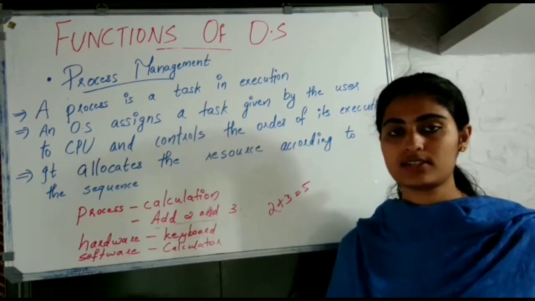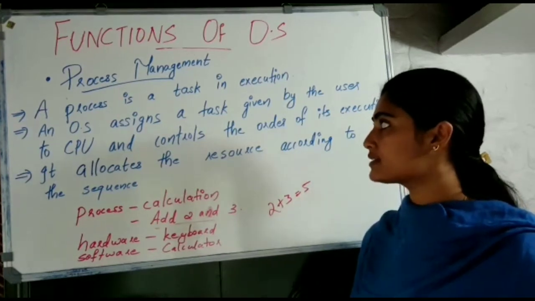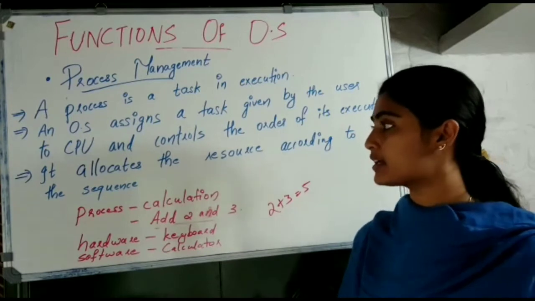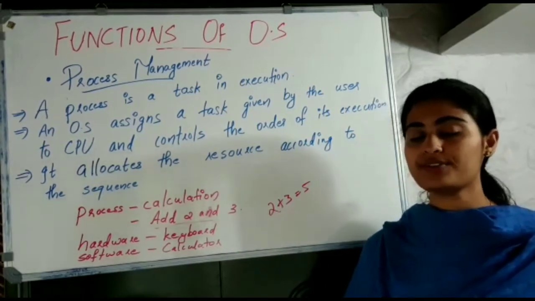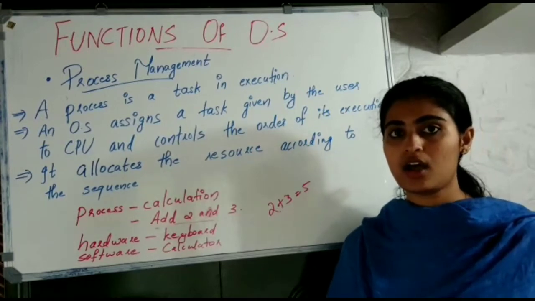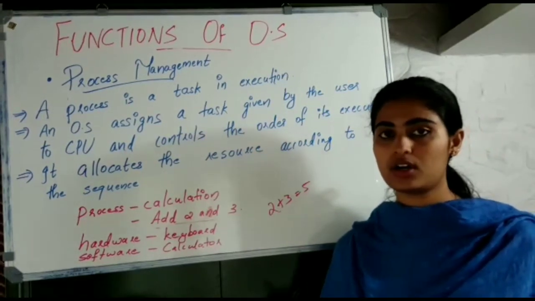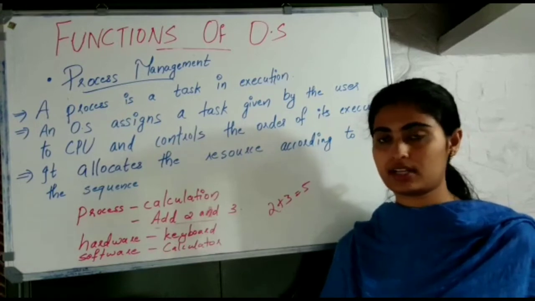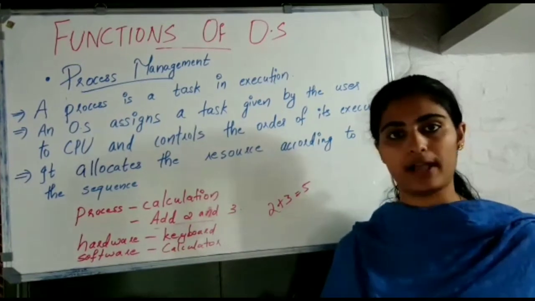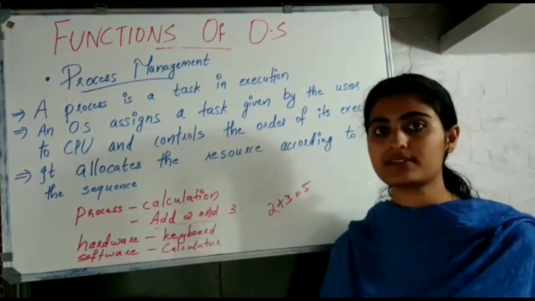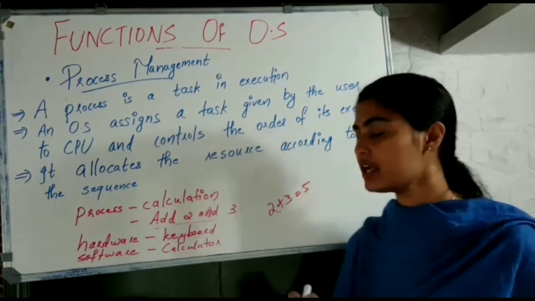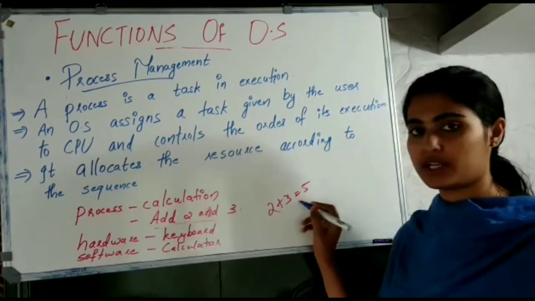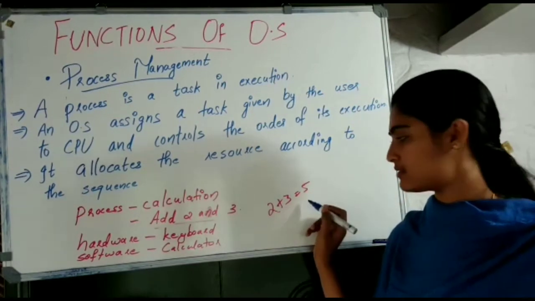Okay. What is the second point? An operating system assigns a task given by the user to the CPU and controls the order of its execution. That is, my process is to calculate two numbers. That is, I want to add two numbers, 2 and 3. So operating system will give this task to the CPU, and CPU will be adding the two numbers 2 plus 3, and I will be getting the answer 5.